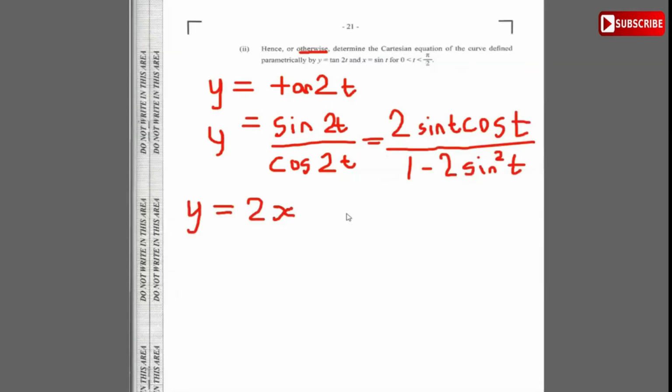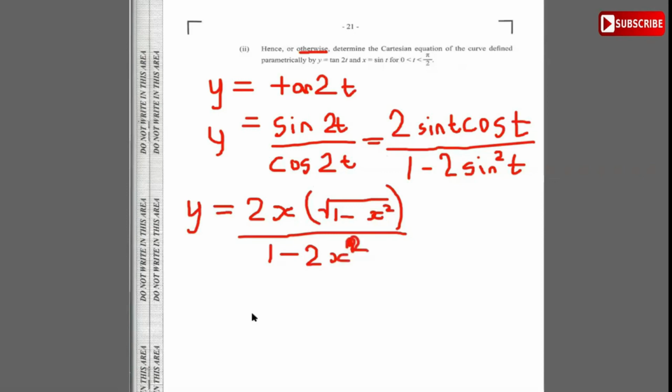It's x times the square root of 1 minus x squared, over 1 minus 2 times sine squared t. Sine squared t will just be x squared. All right, so this is what we get for y.